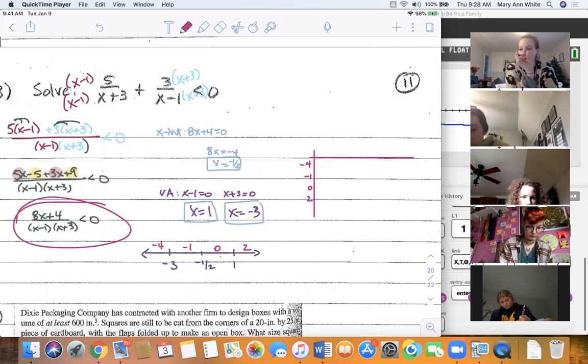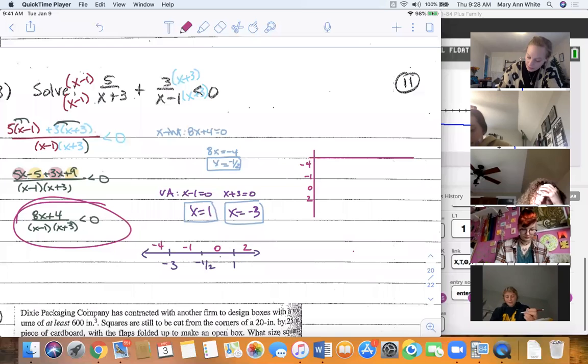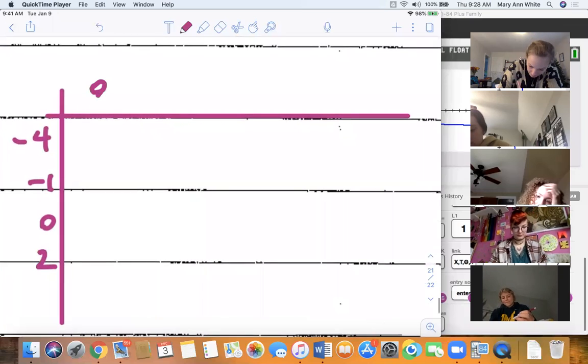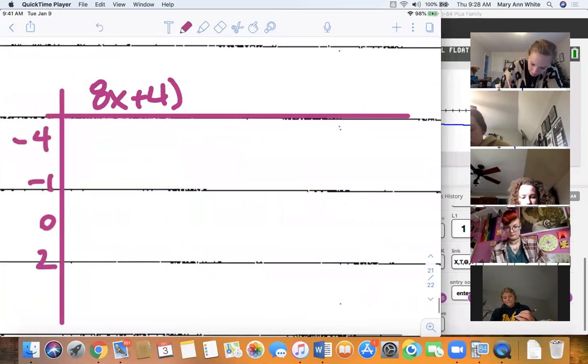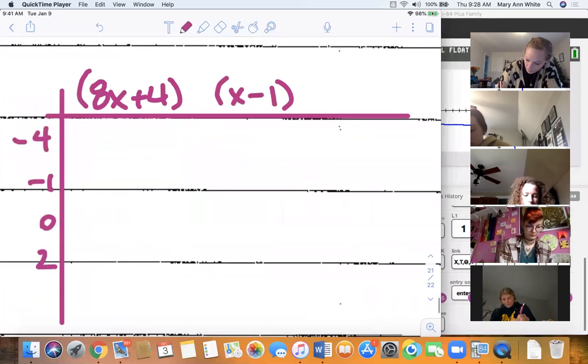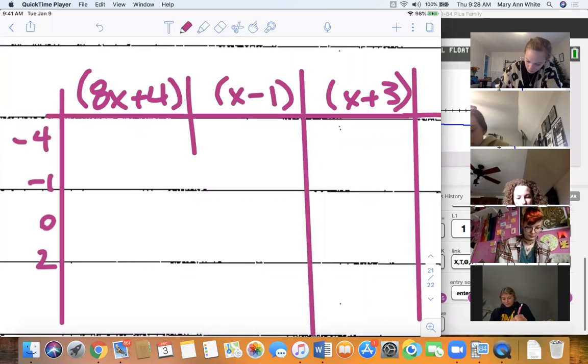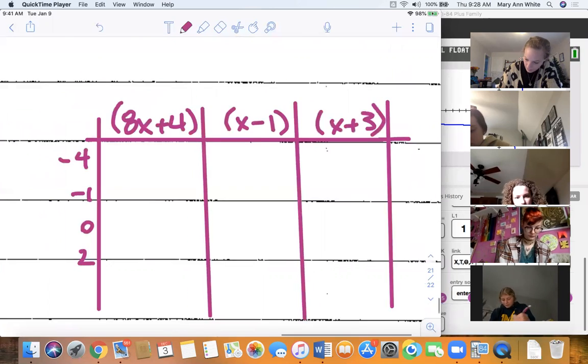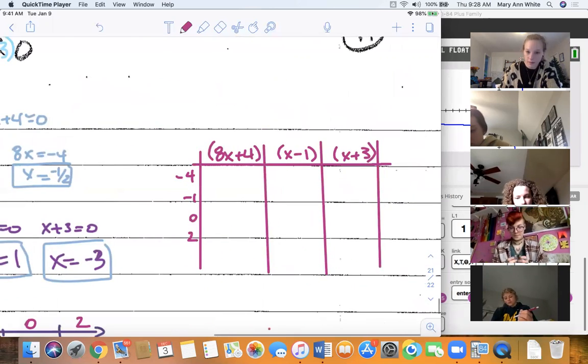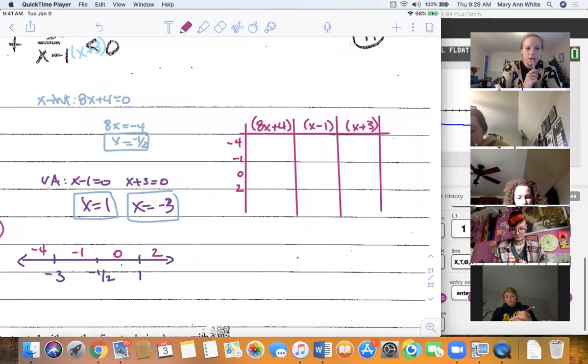So I'm going to have a column for 8x plus 4, a column for x minus 1, and then a column for x plus 3. And then now we check.